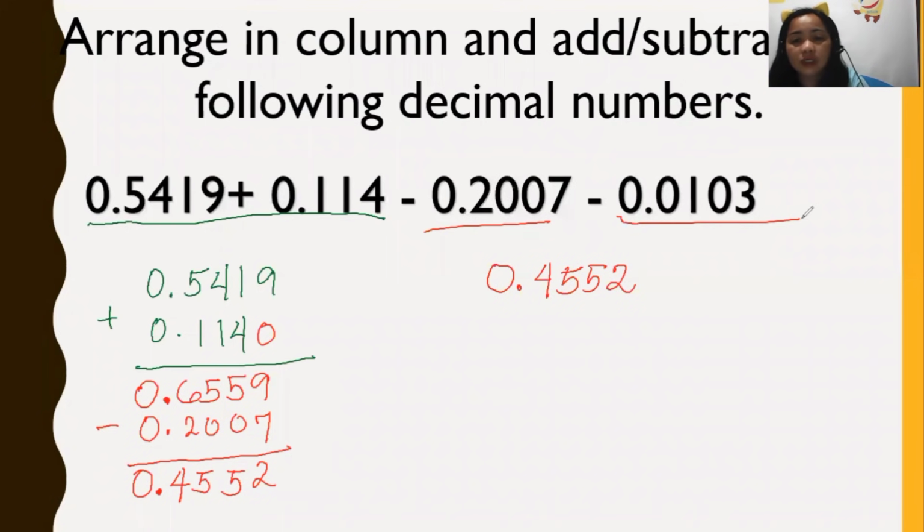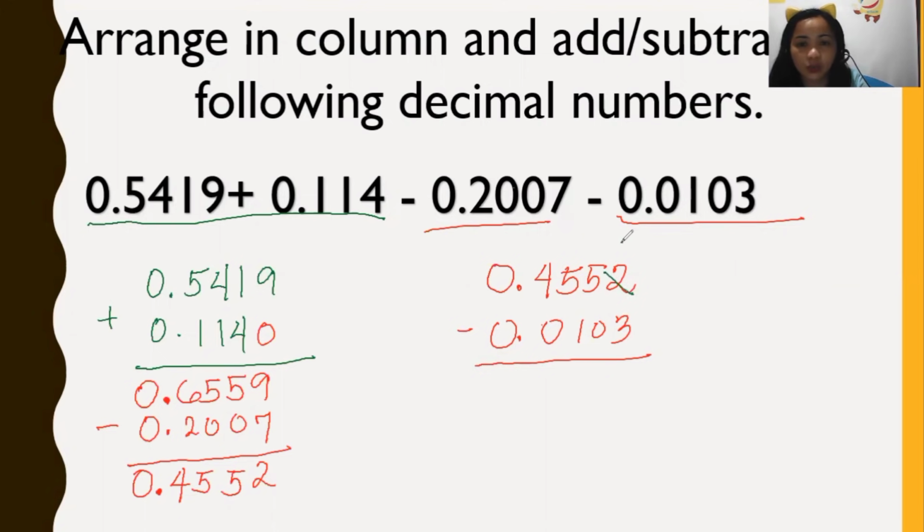Or 4,552 ten thousandths minus 103 ten thousandths. 2 minus 3. Pwede ba?